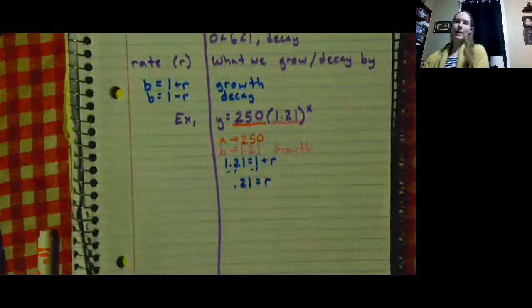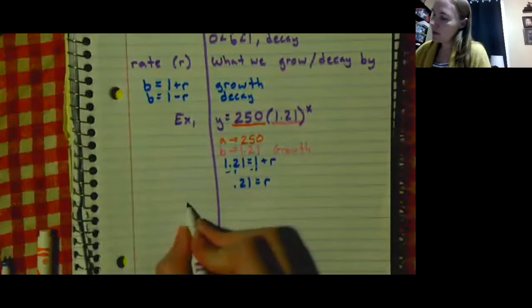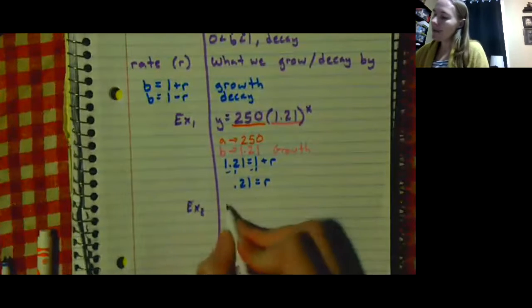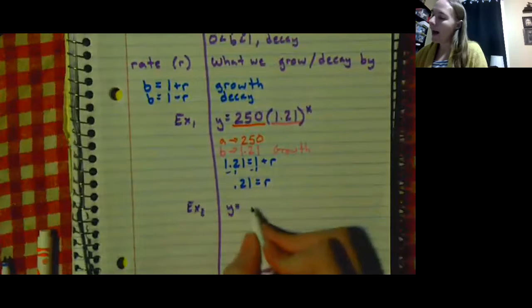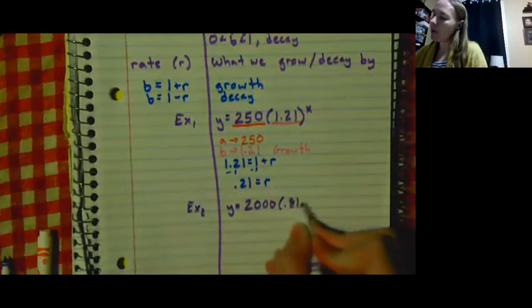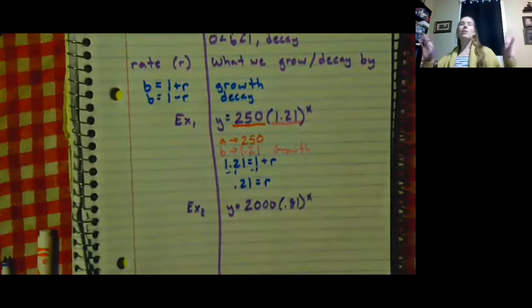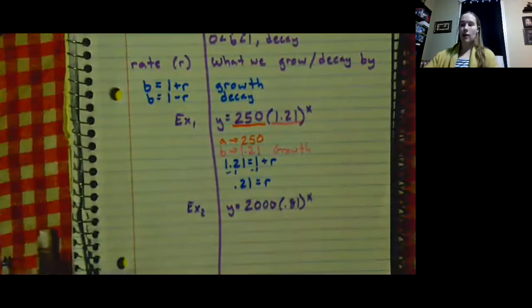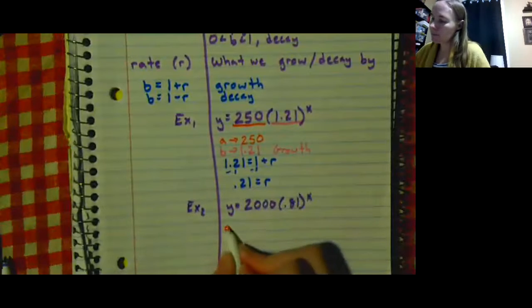Let's do one more example. Example 2, let's say we have the equation y equals 2,000 times 0.81 to the x. So this is the value, let's say, of a car I bought, and this is the equation that goes with it. First, I need to find my a value.